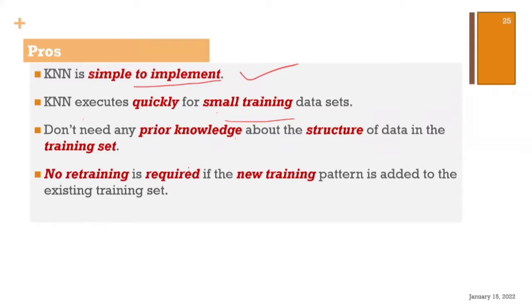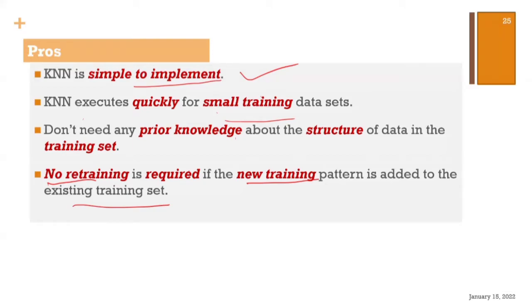And also you don't need prior knowledge about the structure of the data in the training set before you use it. You just go ahead with the procedure. No training is required. So if a training pattern is added to the existing training set, this is another advantage of k-nearest neighbor. If you build a model using other modeling techniques, other classifiers we call eager learners, since they already learn from that data and build a model, if you increase the size of your data set, you need to build another model again.